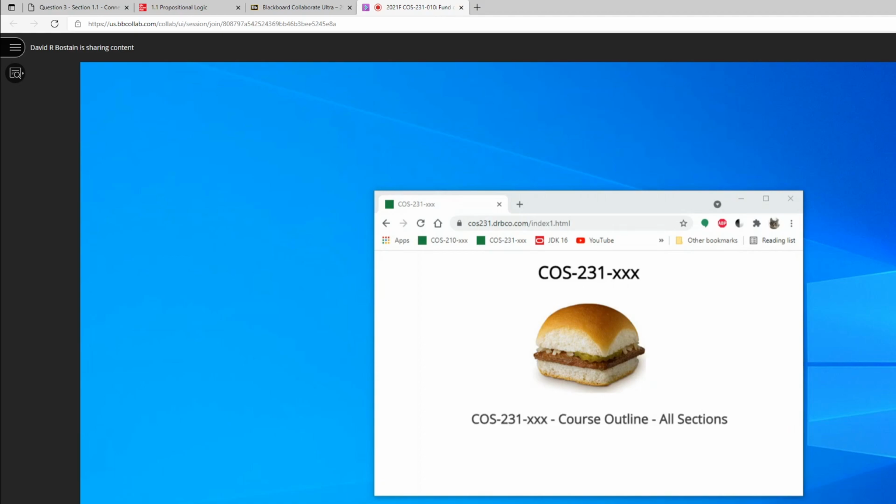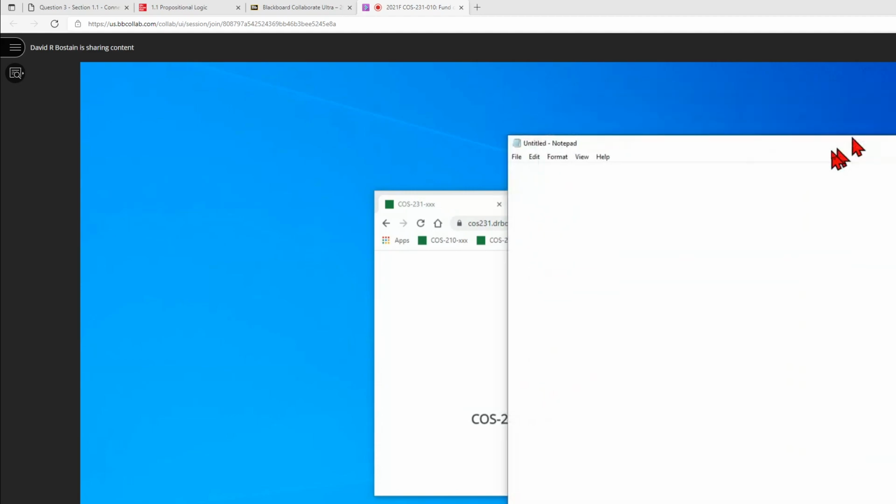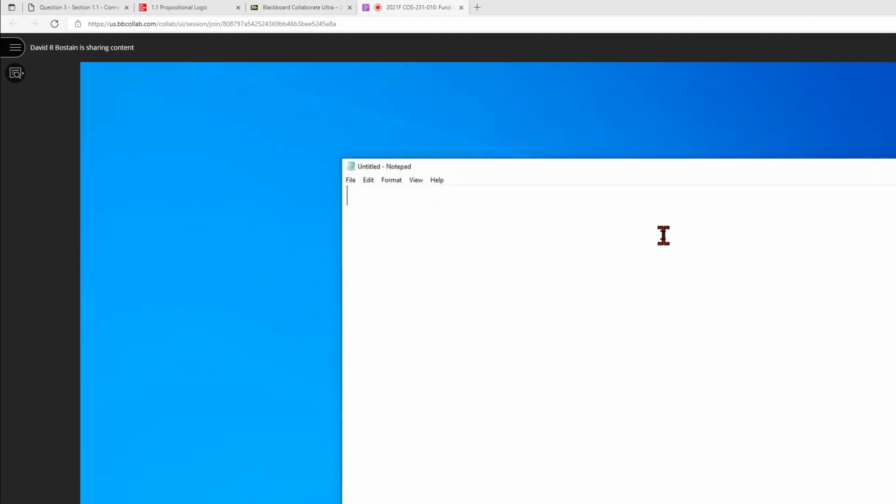Okay, so let's assume for a second that we have been given a binary number. And so we get a number that looks like this.